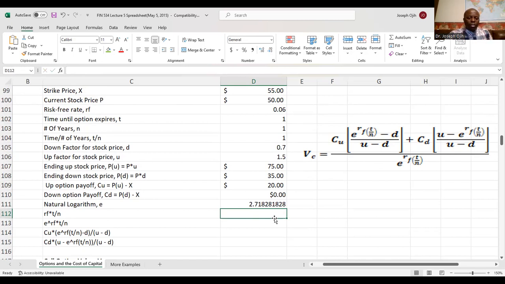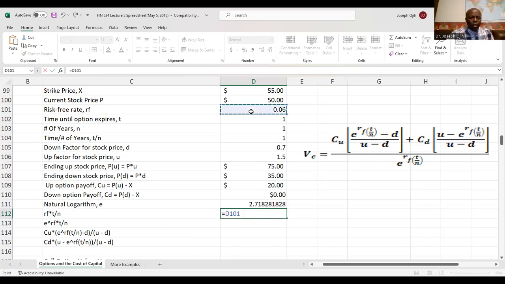So first of all, we already got this and this one. Let's get RF times T over N. Our risk-free rate is RF, which is right here, times T over N. We have T over N here already, which is 1.